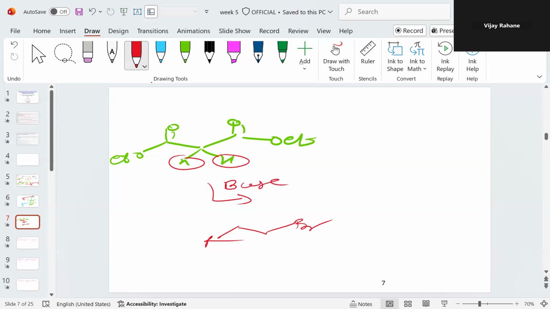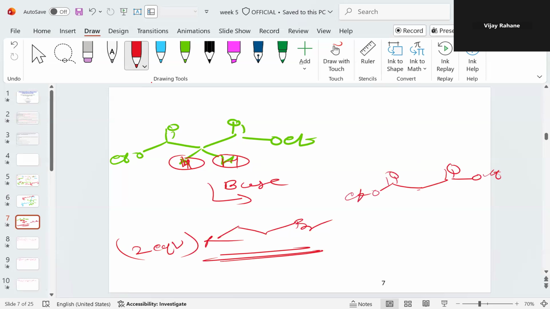And if you add this alkyl bromide in excess, more than 2 equivalents, what can we get from this? We can get double, and this also the same. So we can do the disubstitution of these R groups.